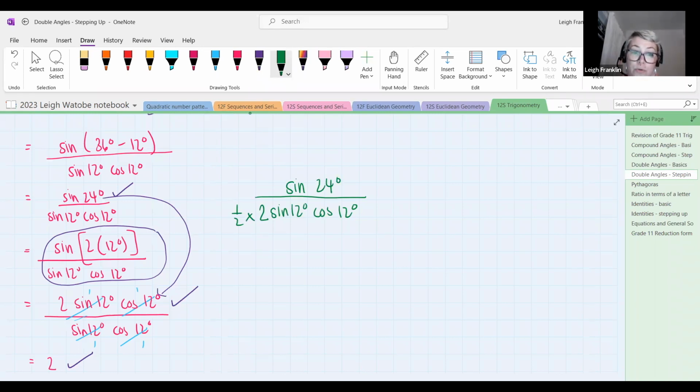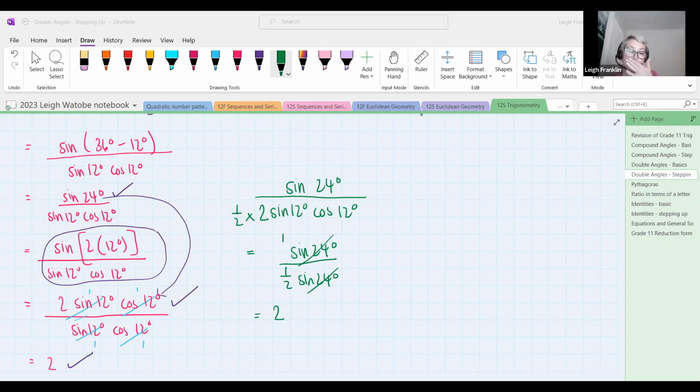Then at the top you would have sine 24, and here you would have half sine 24. You could cancel that, and then 1 divided by a half would give you 2 as an answer. That would be another way to do it from the pink down. Don't know if that helps.